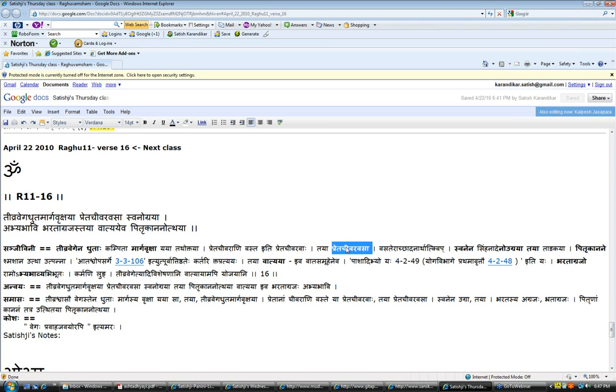This is all qualifying that Tataka. And then comes the Swanograya. This is also a third adjective for her. And then comes Pitrakanane, Vatyaya Iva Bharatagrajaha Abhyabhavi. So that's the whole shloka.